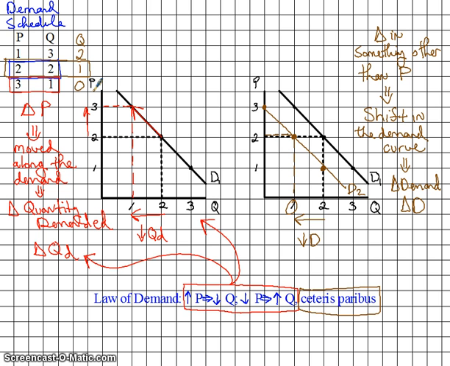Whether the good they're buying, like apple juice, is good for them or bad for them doesn't change. Whether the price of orange juice changes, that doesn't change. Everything else is held constant, except for the price of the good.